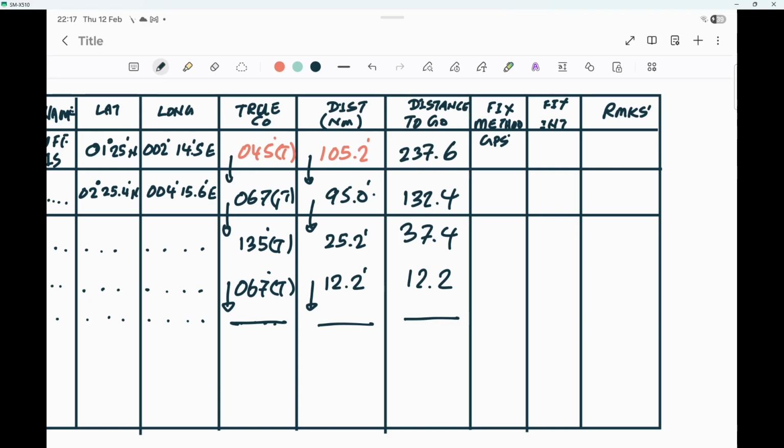Maybe celestial observations using the sextant, that's also fine. But unless you are in a coastal passage, don't just put range and bearing as the position fixing method. In the middle of the ocean, you don't have any land, so you don't have anything to get the range and bearing.